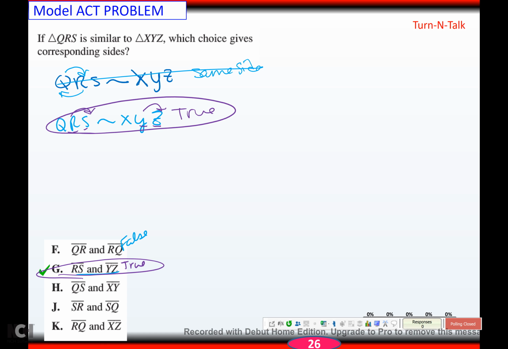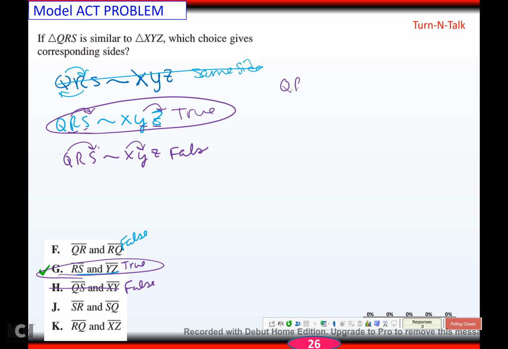So you could stop because you found it, but again, in a real ACT, I would not check the other ones. You already found it. But again, just as a little learning experience, let's check the other three. So if I do QRS similar to XYZ and I check QS and XY, QS is first to third, XY is first to second. That doesn't work because it's not in the same positions. Those are not corresponding. So that's out, false.